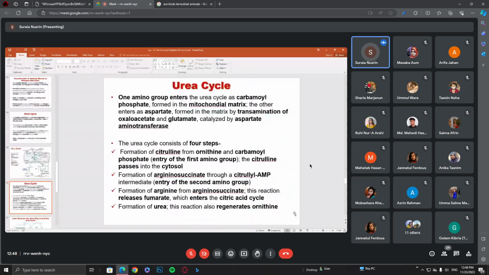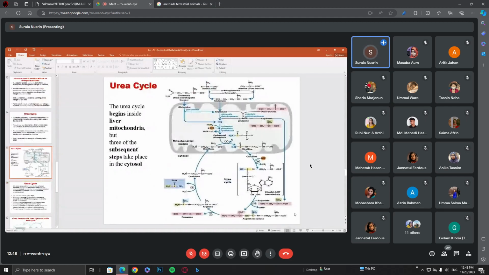So if I ask you regarding this, what is the keto acid of aspartate? Who can answer it? Oxaloacetate.